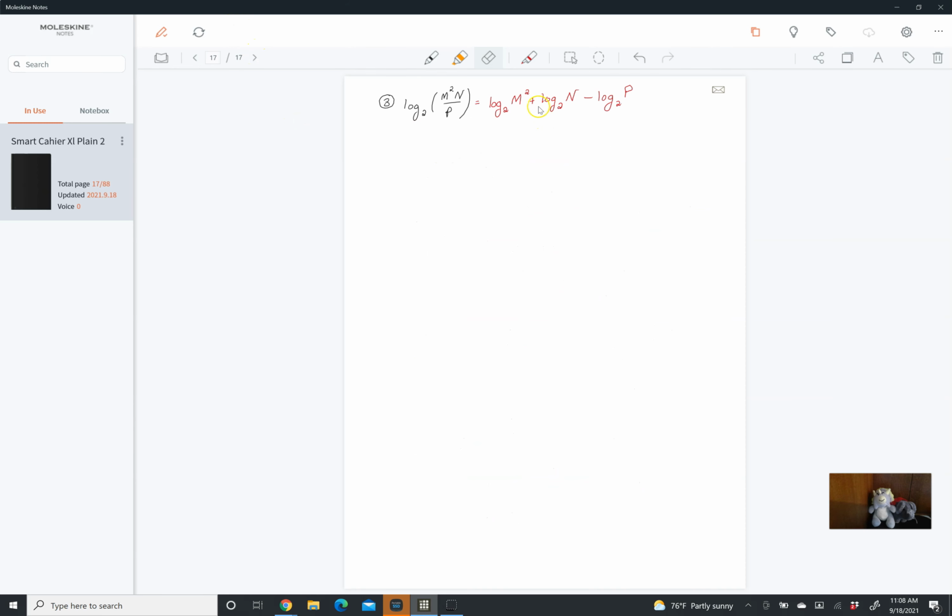And then here, the only thing left is we do have an exponent that we need to get rid of. So we're going to bring it out to the front. So we expanded, and then we're getting rid of exponents.